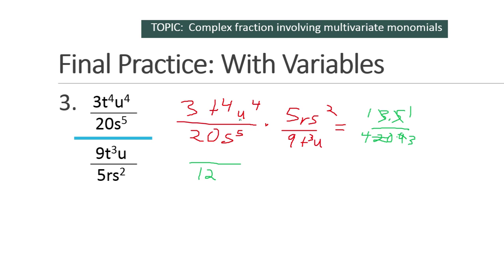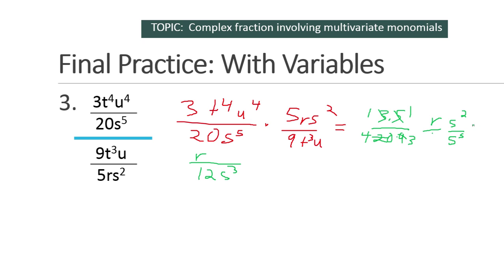Okay, then if we do our other ones, we'll look for r first. So we'll say r. There's only one r, so that goes on top. The s's, there's 2 on top, s to the 2, and s to the 5 on bottom. So what's 2 minus 5? 3. And since there's more on the bottom, we're going to say s to the 3rd on the bottom.